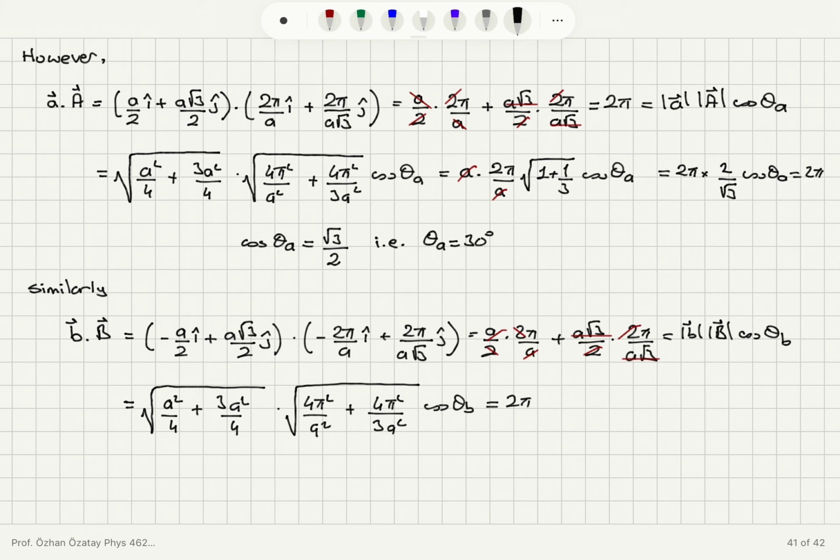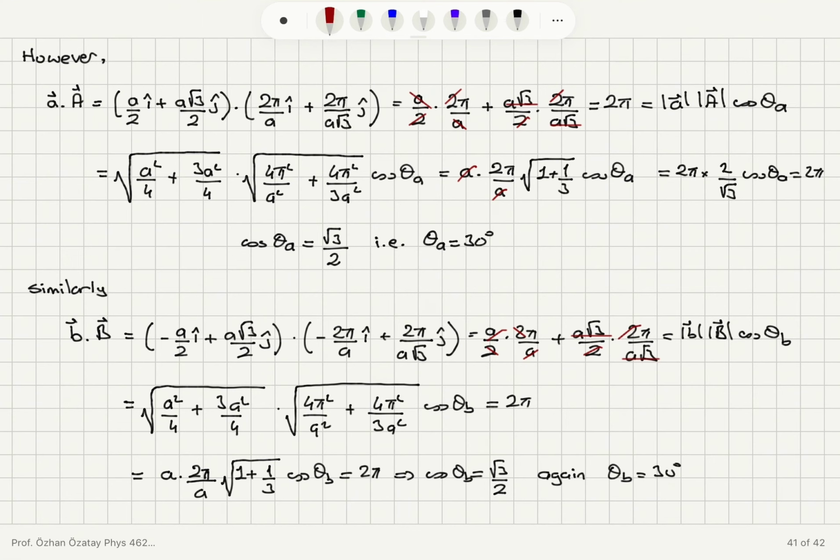So this is basically magnitude of B vector is A, magnitude of capital B vector is 2 pi over A square root of 1 plus 1 over 3, cosine theta B is equal to 2 pi. Therefore, cosine theta B must be equal to square root 3 over 2. And again, we see that theta B is 30 degrees.